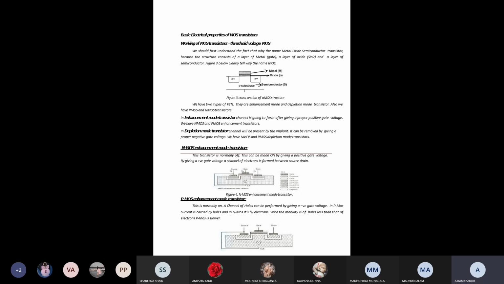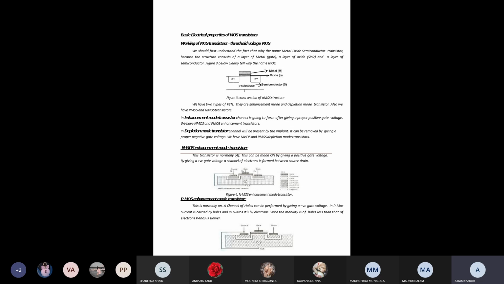Coming to the other type, the depletion mode transistor. In this type of transistor, the channel is present by implant. Irrespective of the external voltage, the device itself has its own channel.